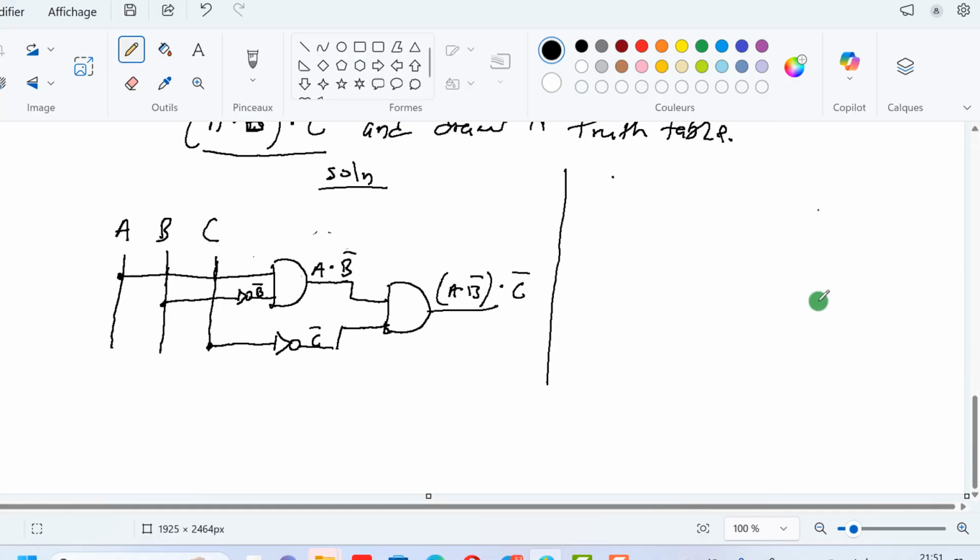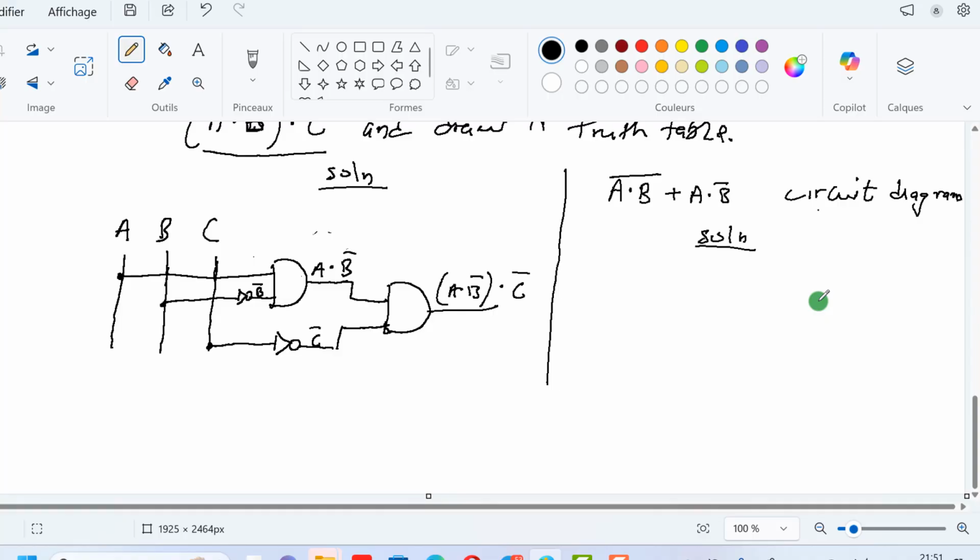You have something like this: A dot B all that bar plus A dot B bar. These are the expressions that you are having here, and it asks you to draw the circuit diagram.